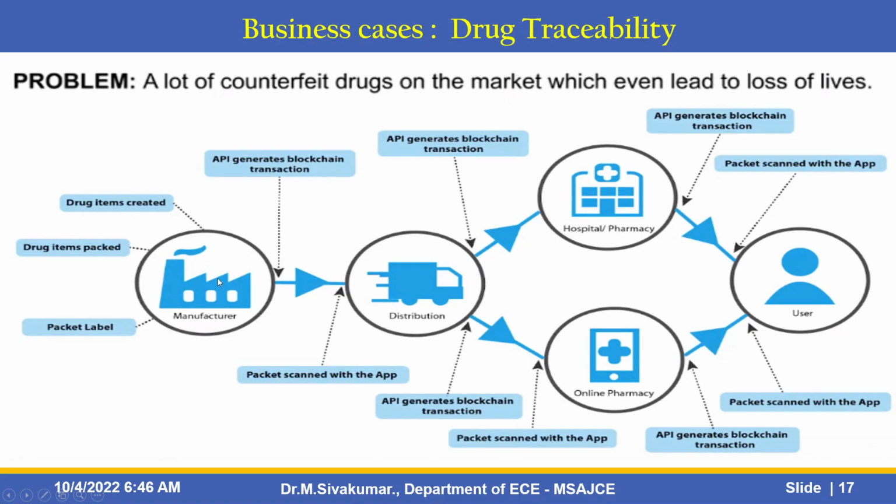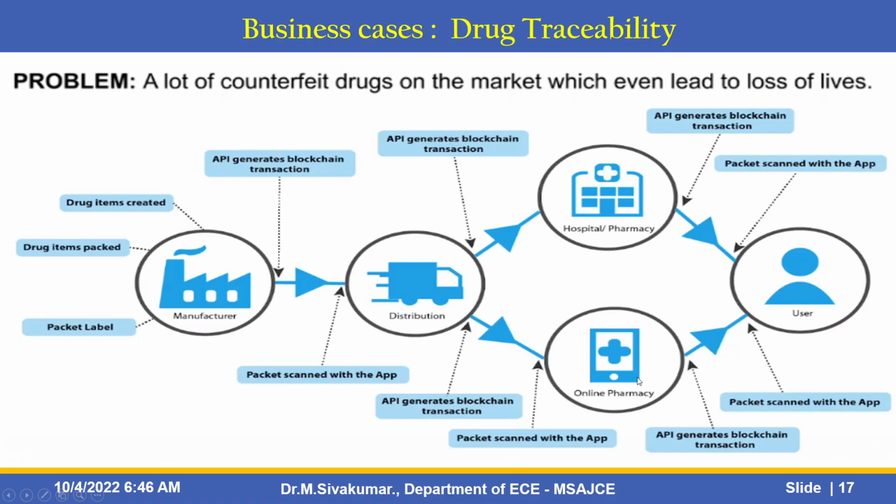Here, the manufacturer has each and every process, and we have a QR code. First, drug items are created and packed, and the API generates blockchain transactions. The next one is the distributor level. Here also the API generates blockchain transactions and the packet is scanned with the app, and the distributor distributes to hospital, pharmacy, and online pharmacy.